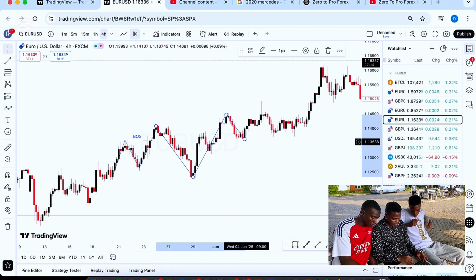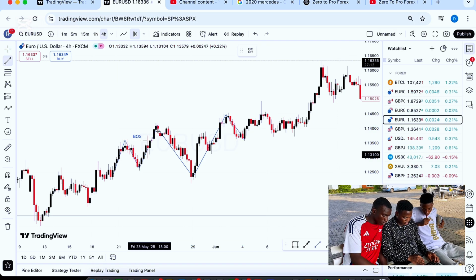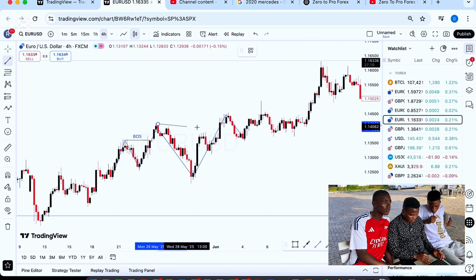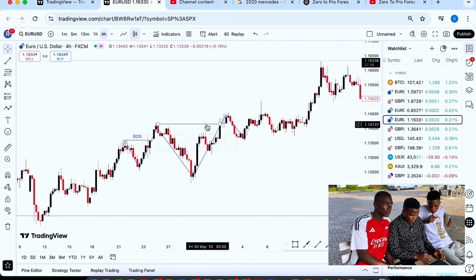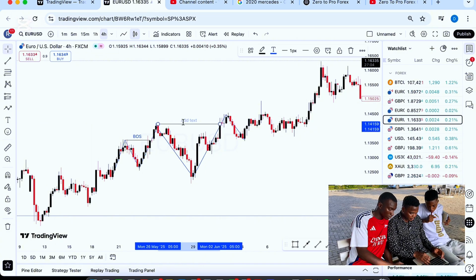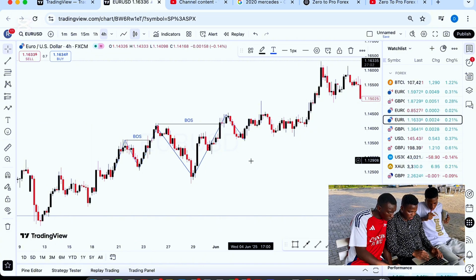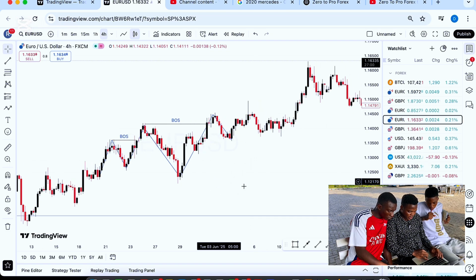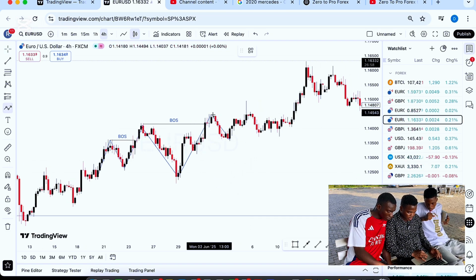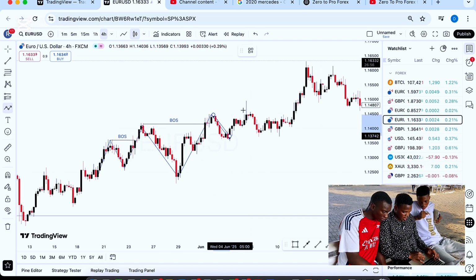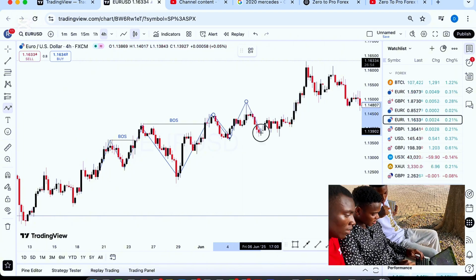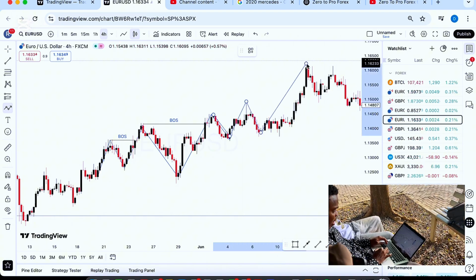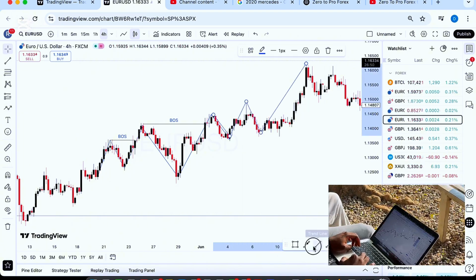Can you see that? Now, so we have a break of structure here. Along the line, price started pushing to the upside as well. And you can see more break of structures happening, right? So in an uptrend, you can see a lot of break of structure. So right now, I'm sure you can identify break of structure in an uptrend.